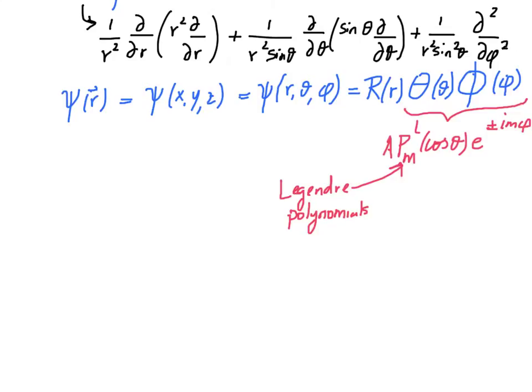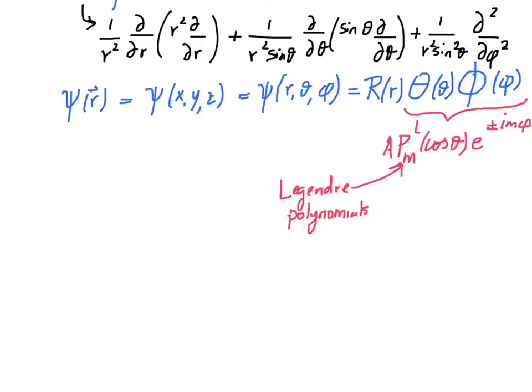Now, note that there are two integers here, L and M. These will eventually become our quantum numbers, right? L is our angular momentum quantum number, you may recall this, and M is a magnetic quantum number.